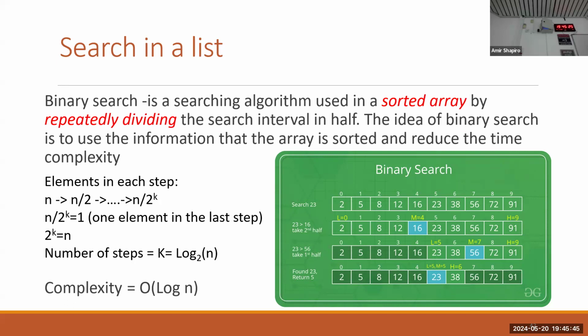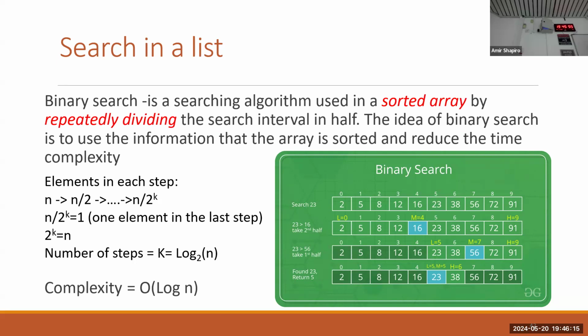Is it bigger or smaller than 23? It's smaller than 23. Therefore, I can throw away half of the list. And now I have only half of the list where I know that 23 is. Then I go to the middle of the next half of the list.